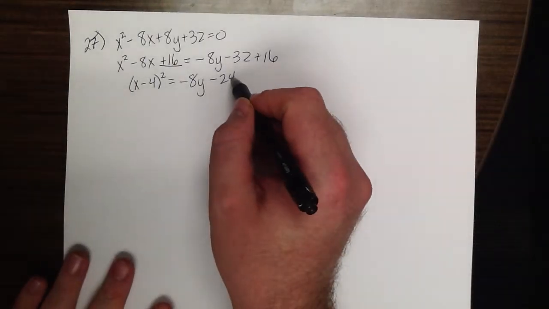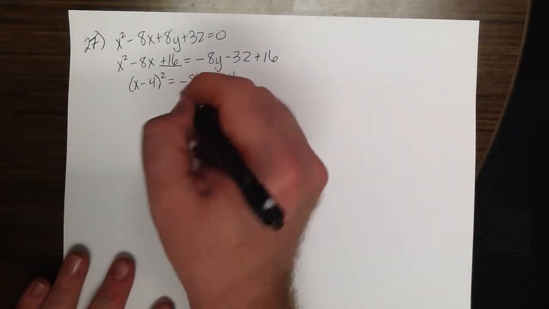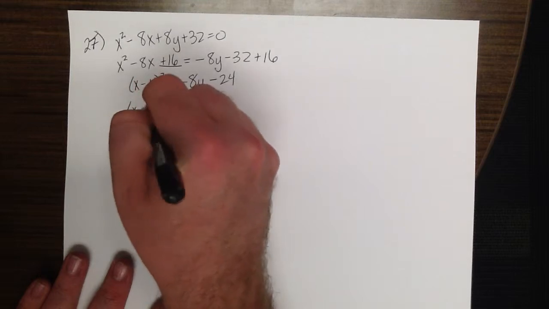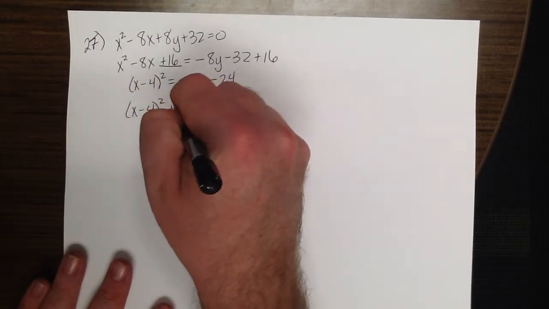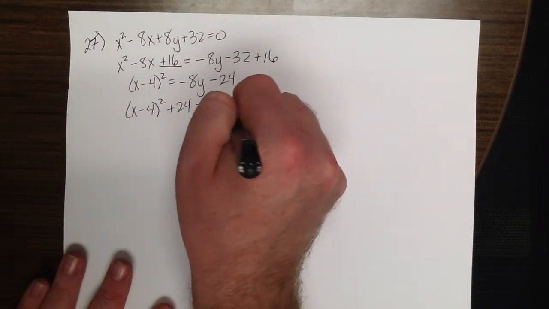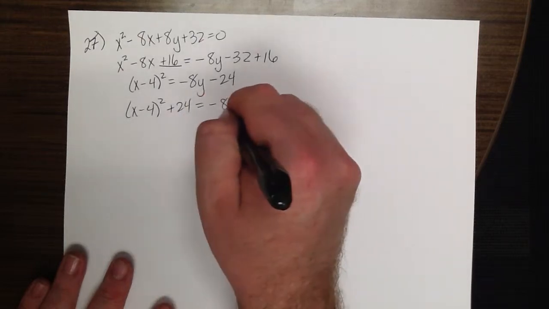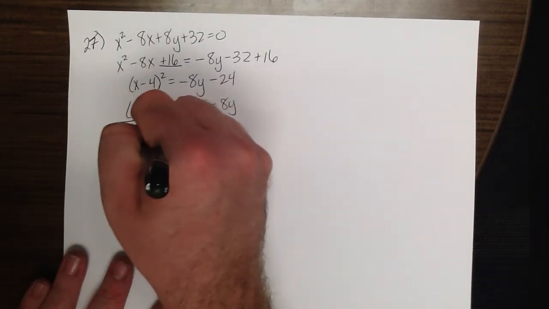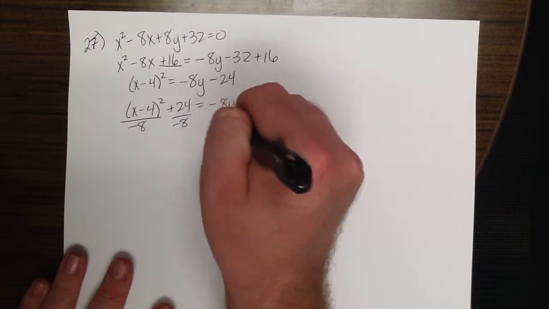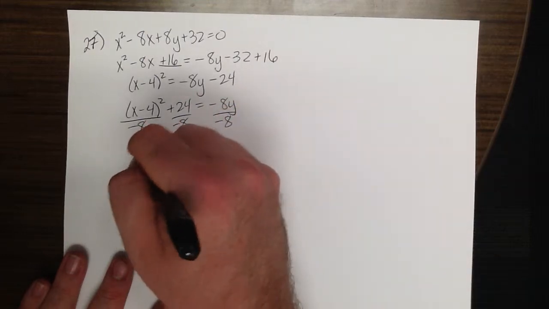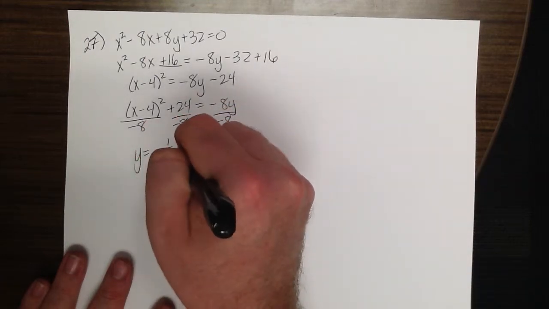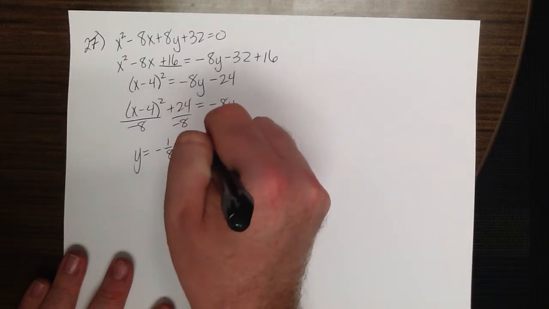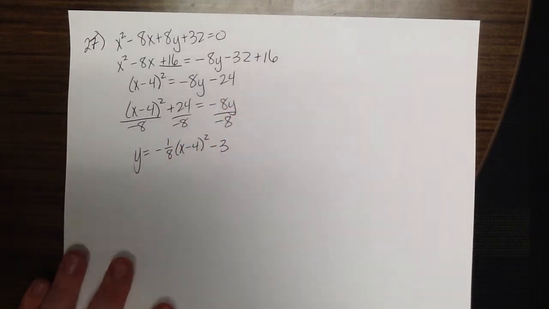Then you take the −24 over. So you got (x − 4)² + 24 = −8y. And then divide everything by −8. And you get y = −1/8 (x − 4)² − 3.